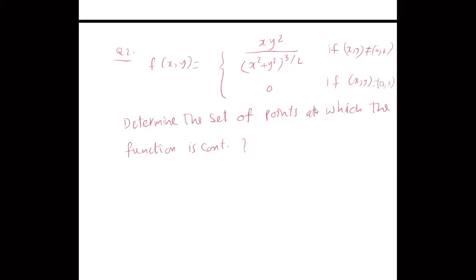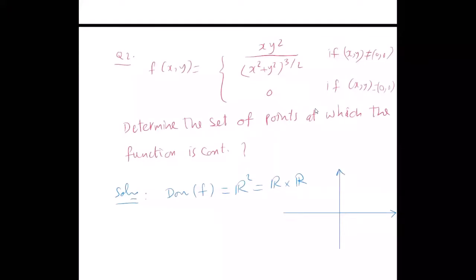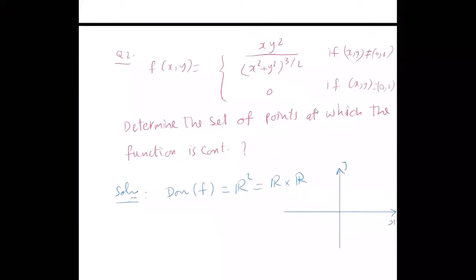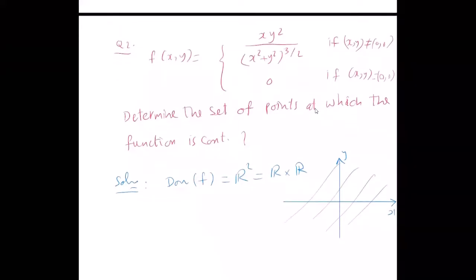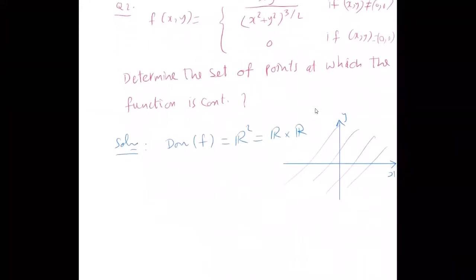So the domain of f is R2, all of R2, or you can write it R cross R, all of the plane. Nothing is wrong with these points on the plane.